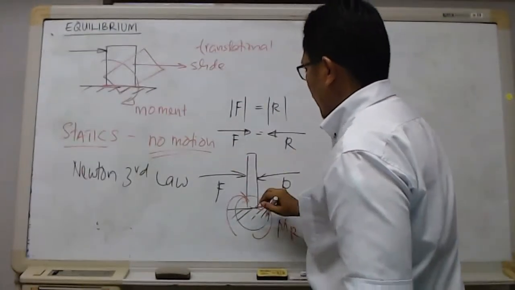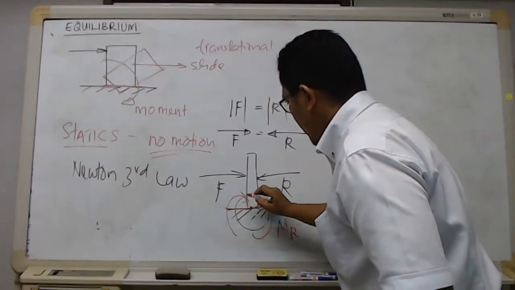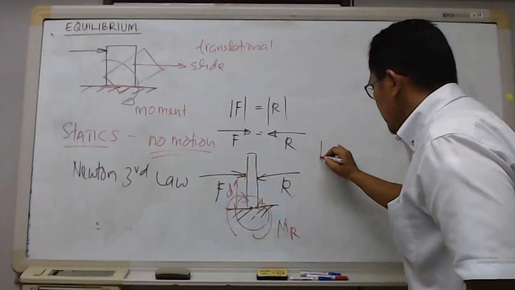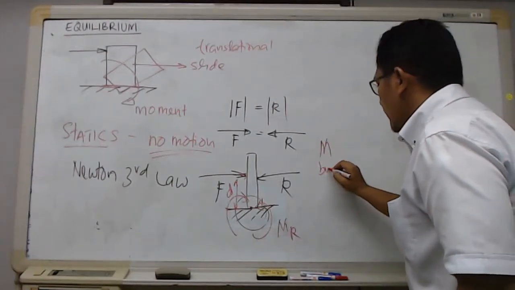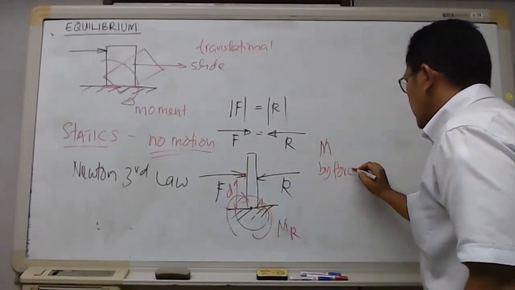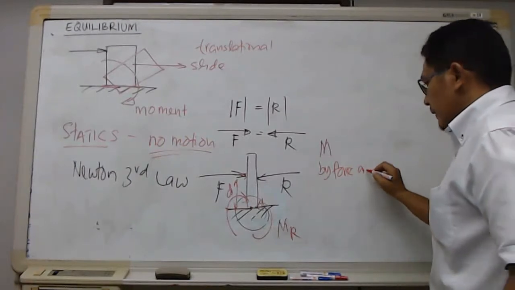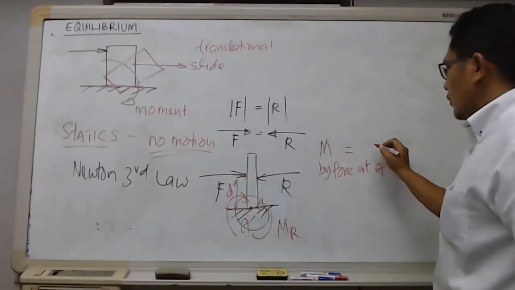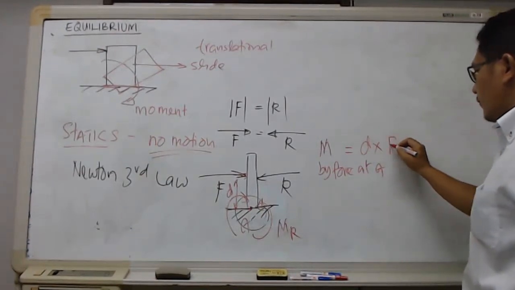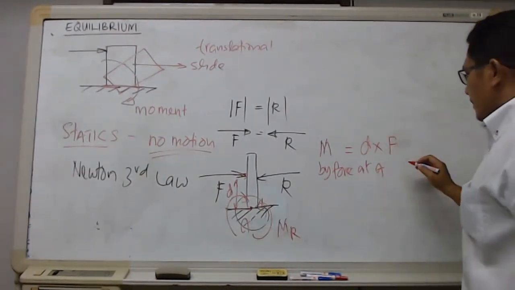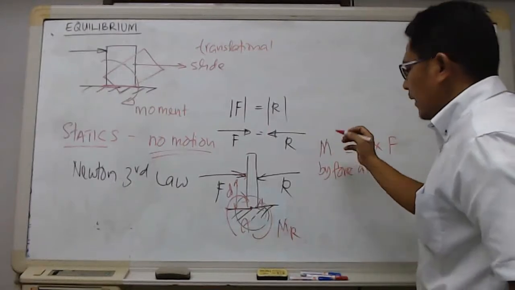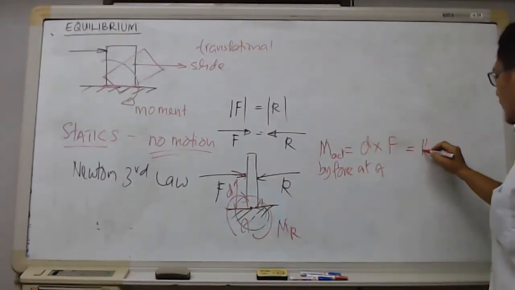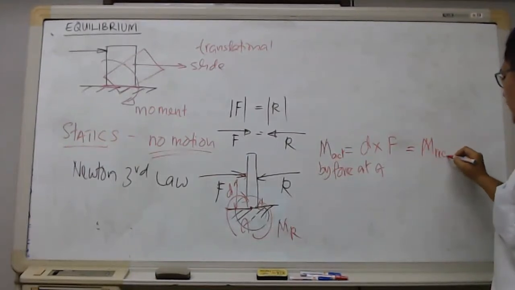that overcomes the effect moment by this force. Whenever you have a distance between the floor, the ground, and the point of force, let's call it D. So the moment by force at point, let's say this point A, is equal to D times F. So this is the moment acting, and it is equal to the moment of reaction.